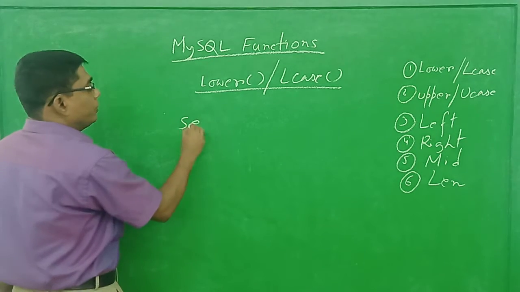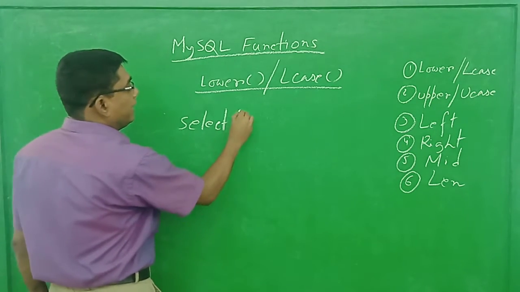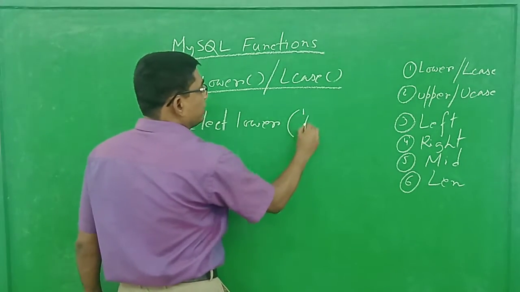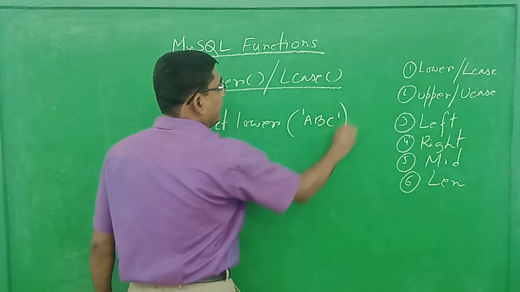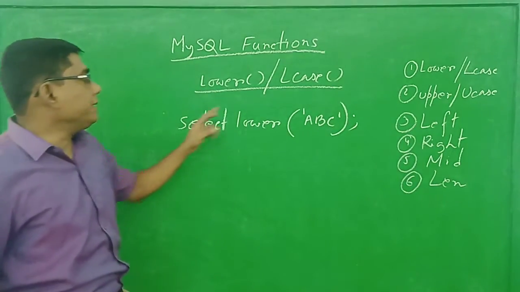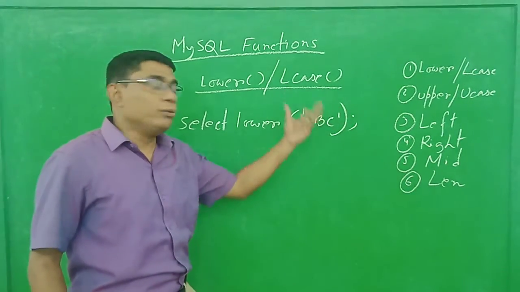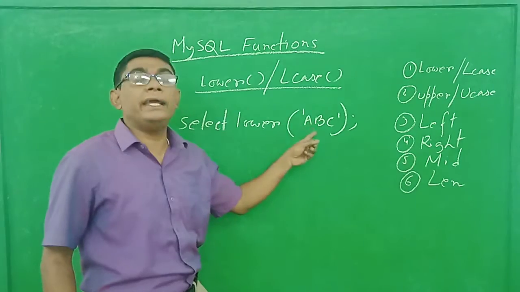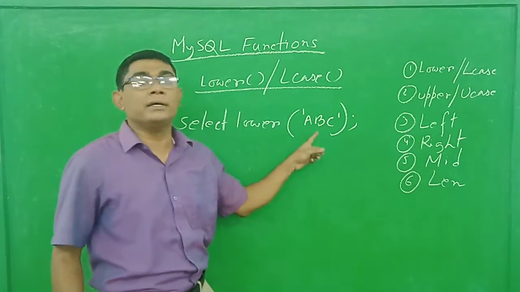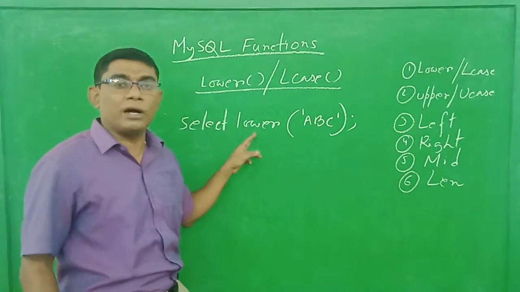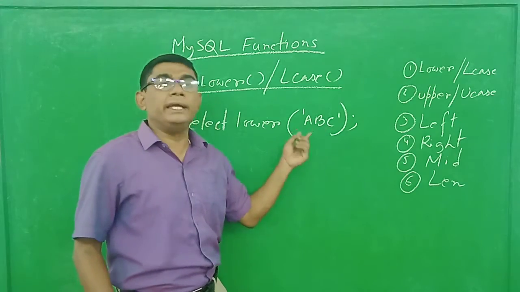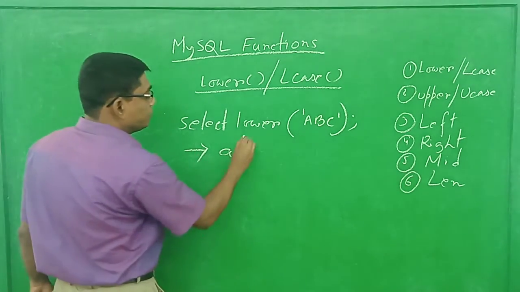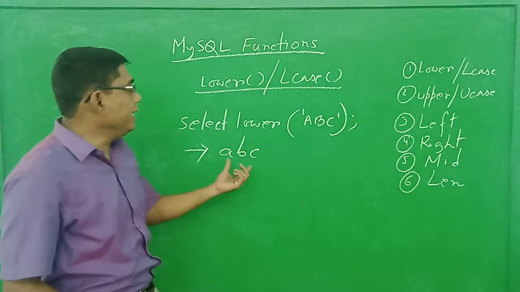Suppose you write SELECT LOWER within brackets, within quotation marks, ABC. You pass an argument. What is the argument? ABC. ABC is all in capital letters, meaning uppercase. So the LCASE or lower function converts ABC into lowercase, and what will be the output? The output is abc in lowercase.